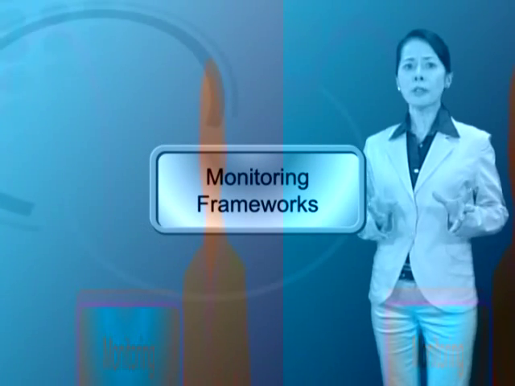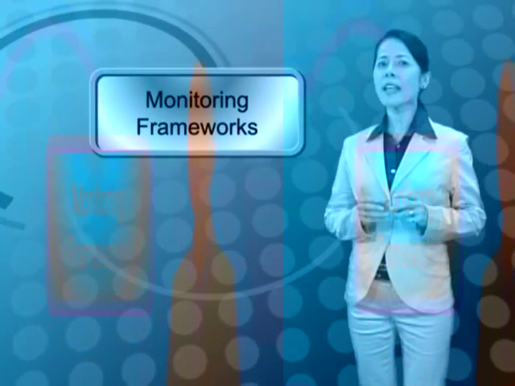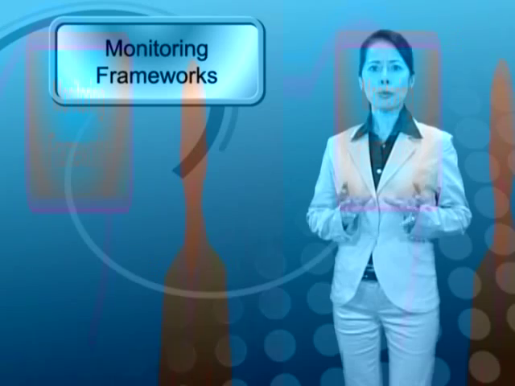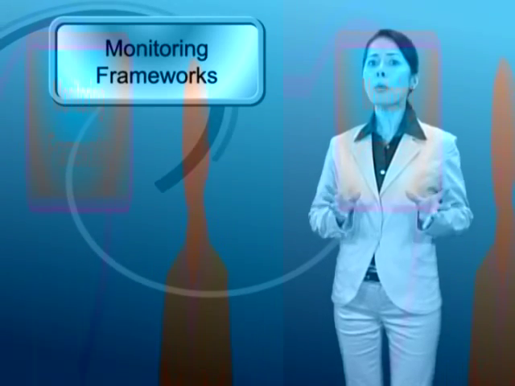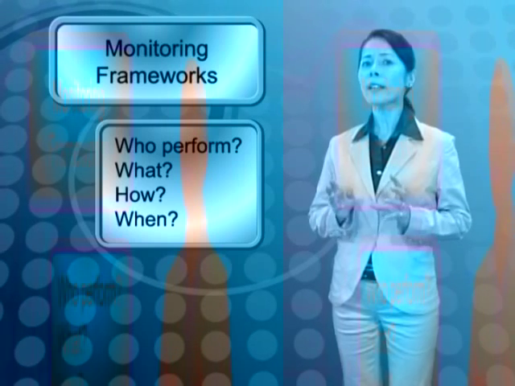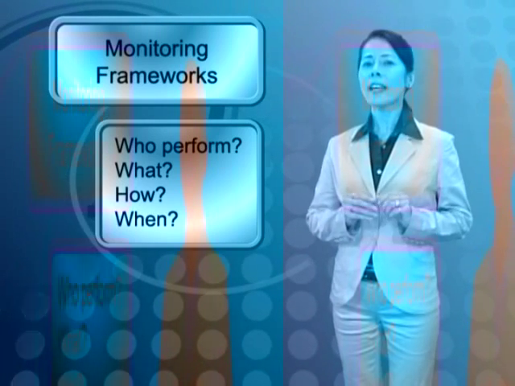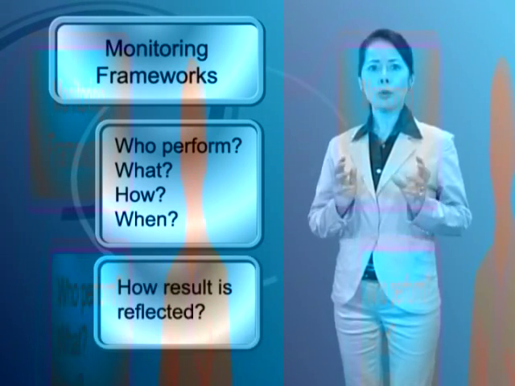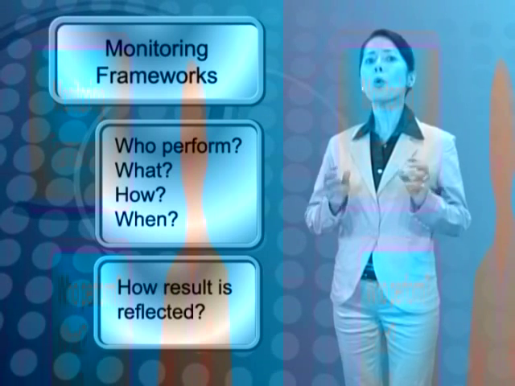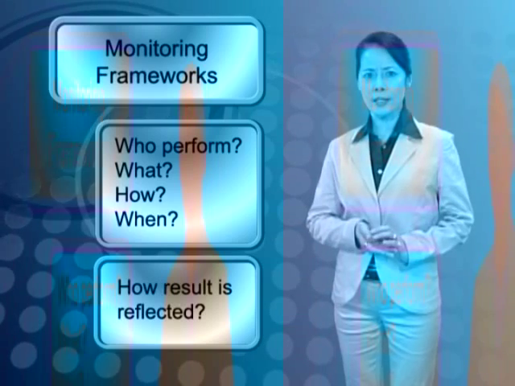Please form monitoring frameworks after making an action plan in the planning stage. Monitoring frameworks are set in a format to describe who performs monitoring on what, how, and when, and how the result of monitoring is reflected into schedule management through what decision-making process.